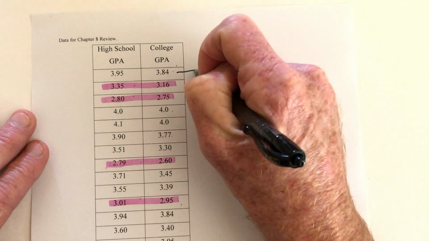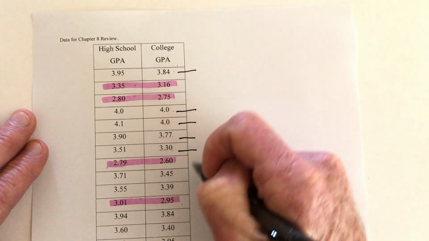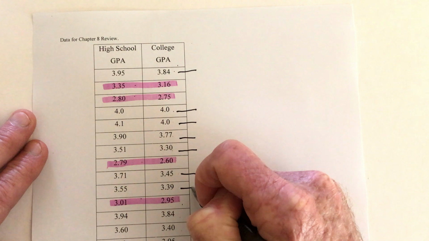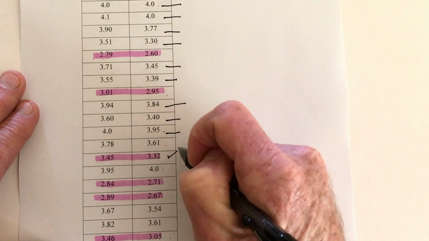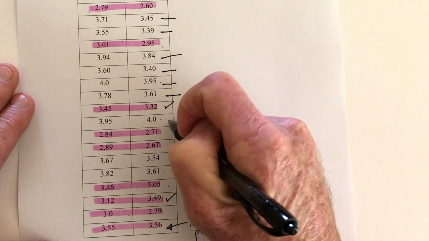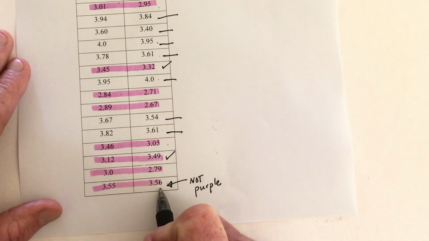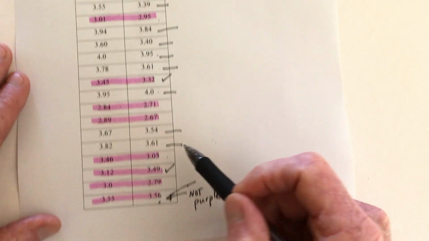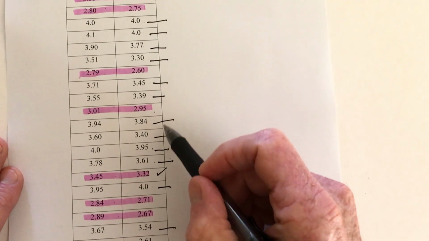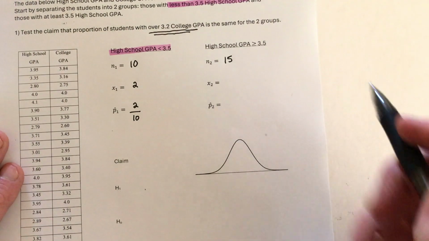So this one is a yes, yes, yes, yes, yes, yes, yes, over 3.2, over 3.2, over 3.2, over 3.2, and over 3.2, and over 3.2, and over 3.2, and this person is also a not purple person, over 3.2. So I think that was all of them. 1, 2, 3, 4, 5, 6, 7, 8, 9, 10, 11, 12, 13, 14, 15. So 15 out of 15.